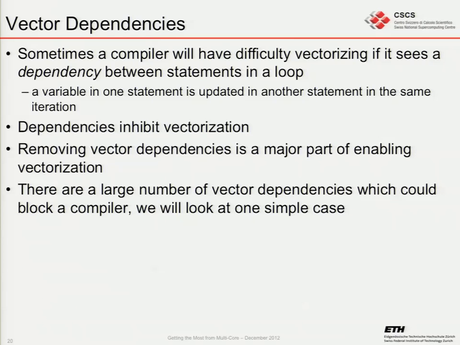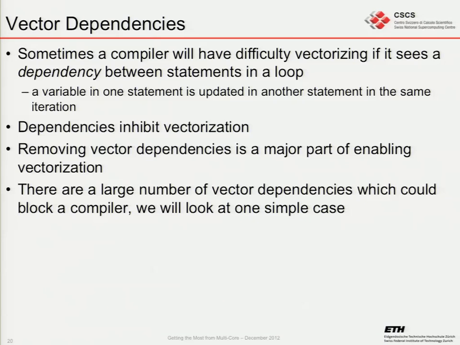Oftentimes, much of what you're doing with trying to get vectorization working is trying to find the places where it sees a dependency, and you have to say, can I make it so that it doesn't look like a dependency anymore, or just tell it that there isn't a dependency. It's better in some ways to actually try and find a way of reorganizing your code slightly so that there's no dependency visible, or the compiler can see automatically, rather than scattering the IVDEPs and similar things all over the place. And sometimes that is possible.